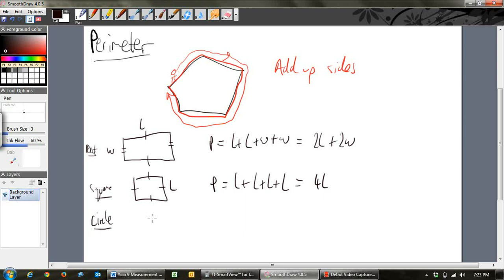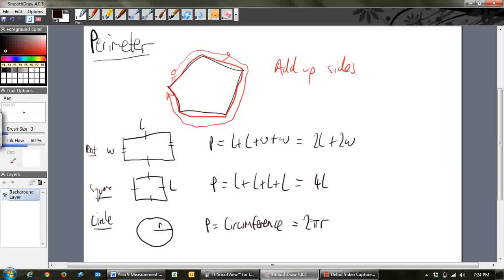No worries. Probably the most recent one that you've learnt is a circle. If you've got a circle with a radius R, the perimeter of a circle is also called the circumference. So you might see being asked to find the perimeter of a circle is the same thing as being asked to find the circumference of a circle.